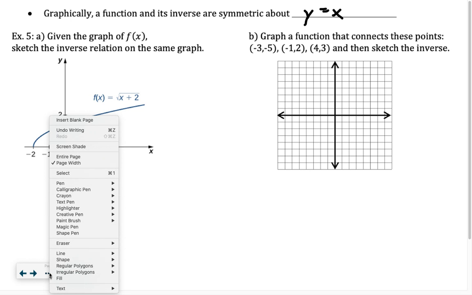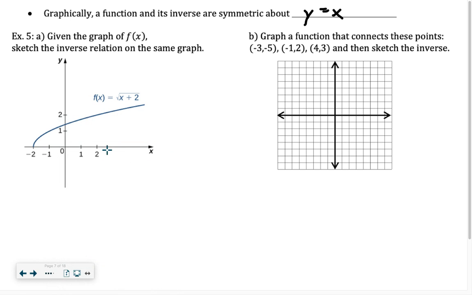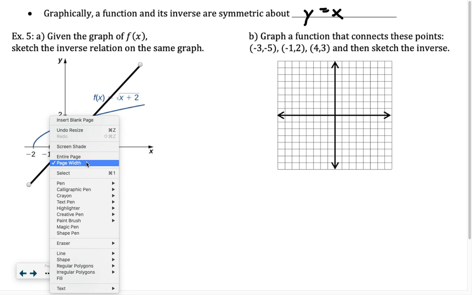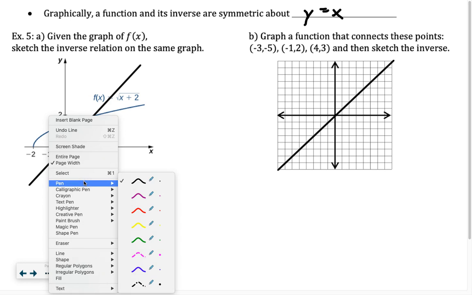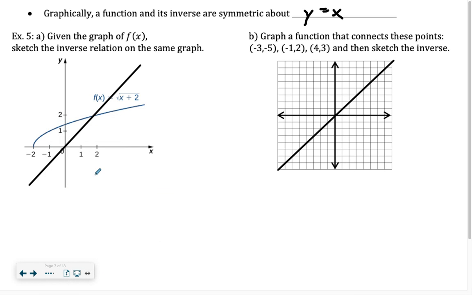So what I'm going to do first is draw in y equals x. Let's see if I can make that look straight here. It looks pretty good. Right, y equals x. In order to reflect something across the line y equals x, what we are doing is just switching every x and y ordered pair.